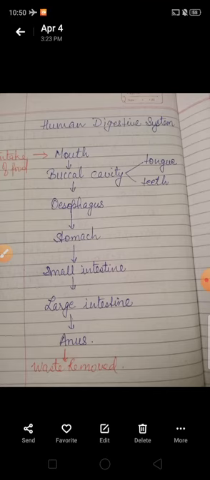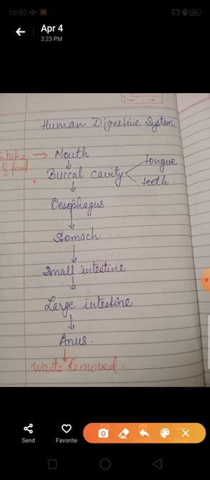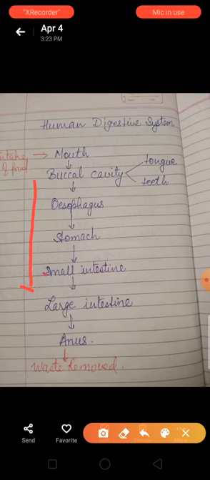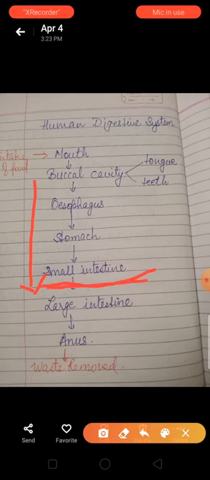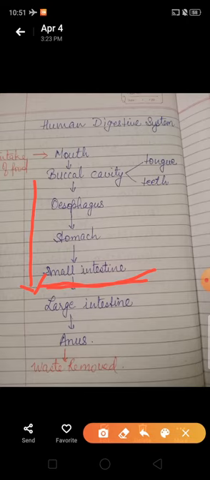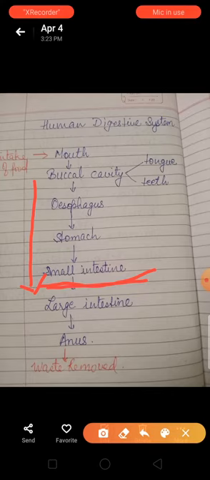So when the food is traveling from the mouth towards the small intestine, it gets completely broken down into the simplest molecules. This is the last point where your food is broken down.